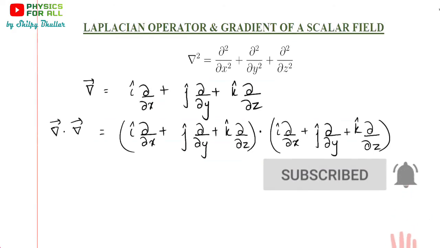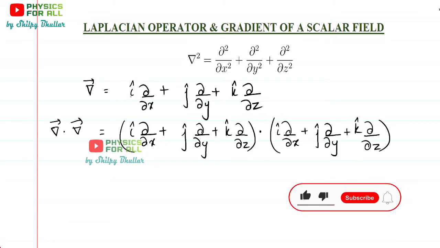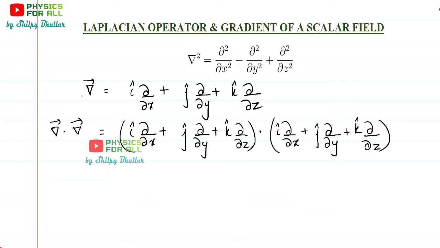We all know the del operator is represented by i cap ∂/∂x plus j cap ∂/∂y plus k cap ∂/∂z. The presence of i cap, j cap and k cap tells us that this del operator is also a vector. It behaves as an operator, and it behaves as a vector also.